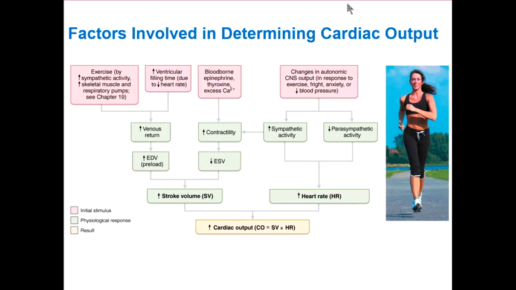So that brings us to this side of the chart now. We can increase our cardiac output by increasing our heart rate. How do we do that? By increasing sympathetic or by decreasing parasympathetic activity. Because changes in the ANS will affect central nervous system output, but it's going to increase or decrease your heart rate depending on whether we're dealing with sympathetic or parasympathetic.